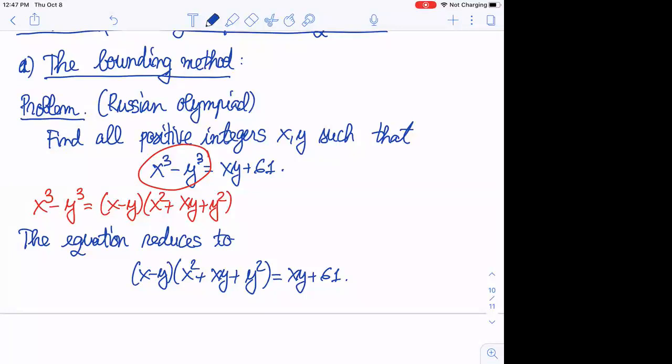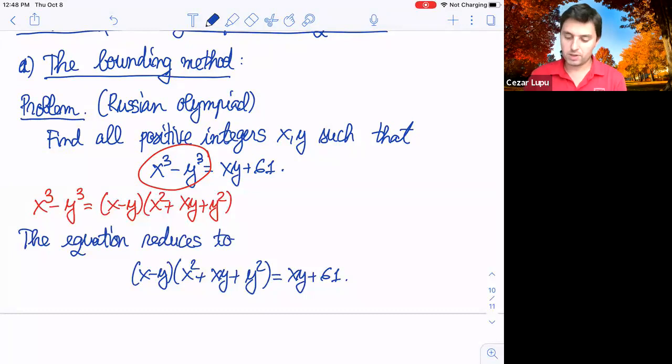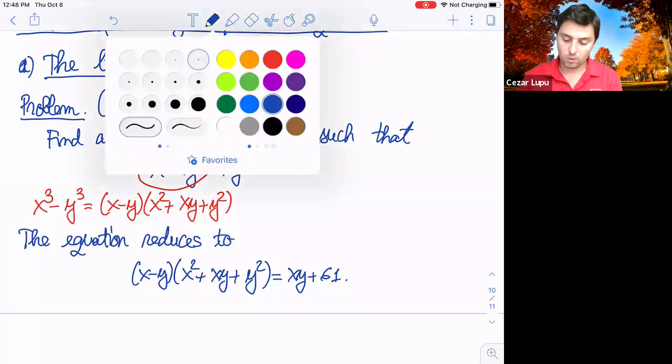What do you think we should do here? The question is, can we derive an inequality for this guy?